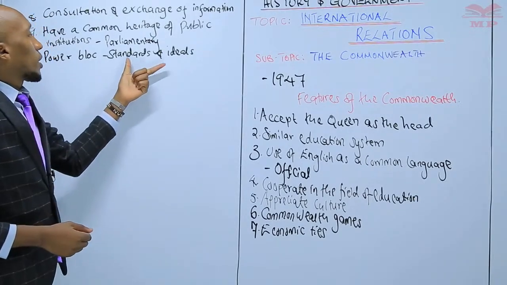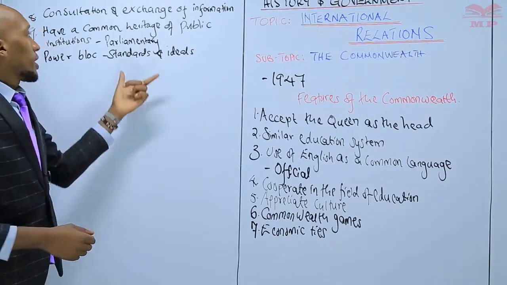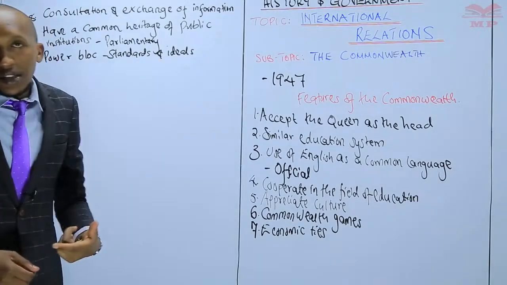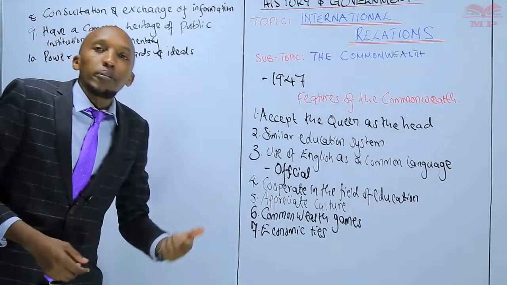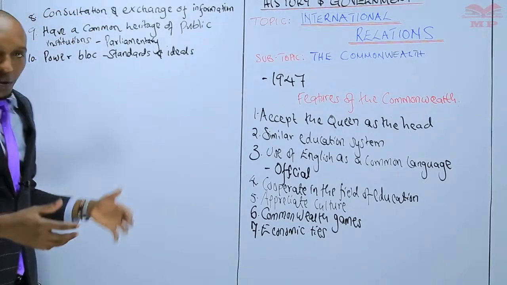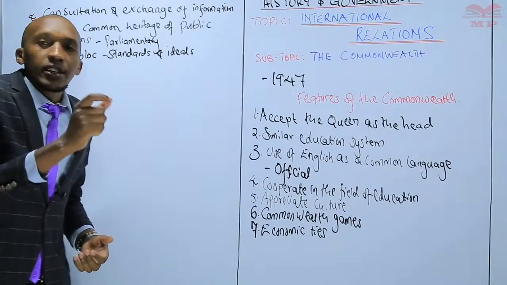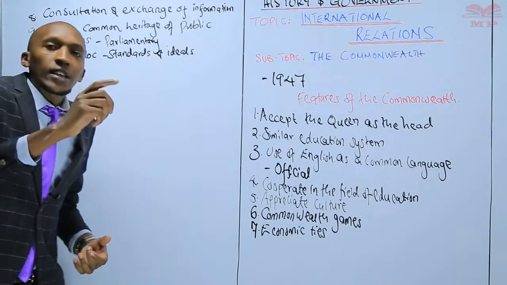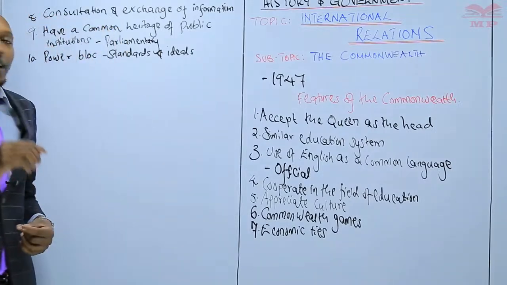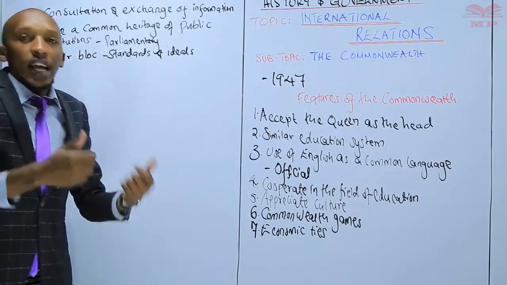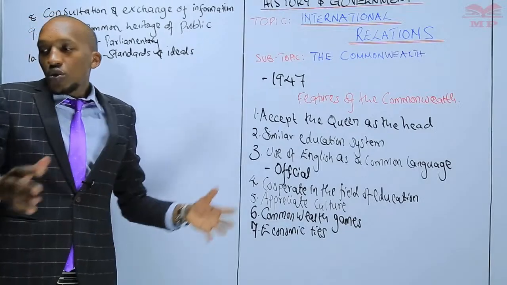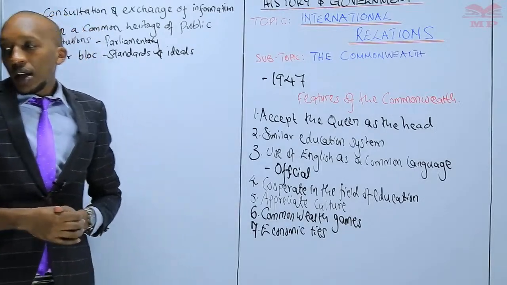But now, of importance to note here, they have standards and ideals. That means members of the Commonwealth have certain beliefs. They have certain standards that they have to meet. They have the ideals that drive them, or along which they have been crafted.